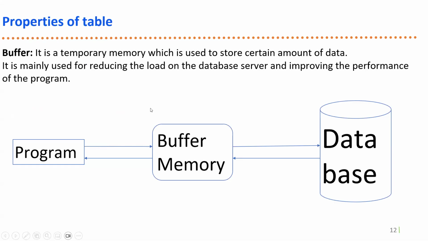Okay. So before seeing this buffer terminology, first let's see a simple example. Suppose you are accessing a file frequently in our PC, so we can get it without going into the actual folder. We can access it with the help of quick access.